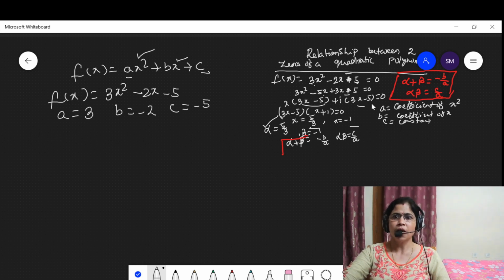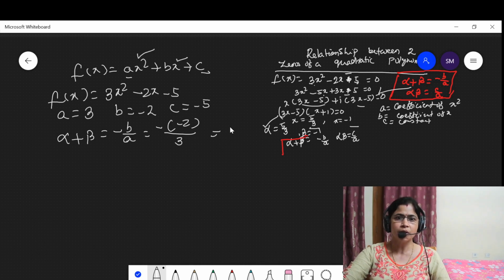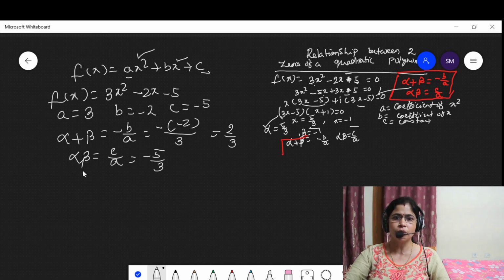As per this formula, the relationship between the two zeros, alpha plus beta is equal to minus b upon a, which is equal to minus of minus 2 by 3, which is equal to 2 by 3, and alpha into beta is equal to c upon a, which is equal to minus 5 upon 3. Here by solving this, we get alpha equal to 5 upon 3 and beta equal to minus 1.